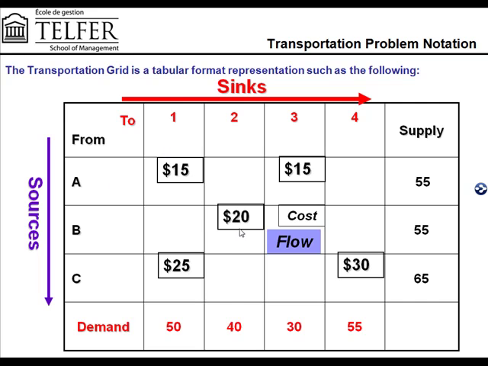Similarly, it costs $20 per unit of transportation from supply point B to demand point 2. The flow, once you have determined how many items are going to be supplied, is going to be shown to you underneath the cost cell within that overall cell between the supply point and the demand point.